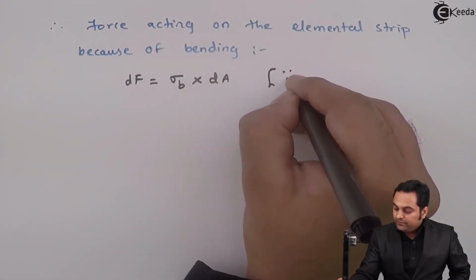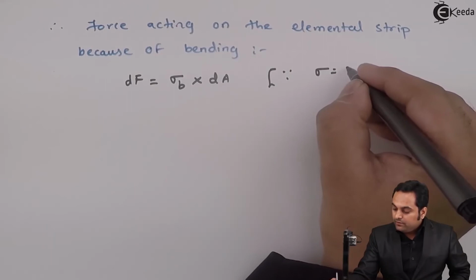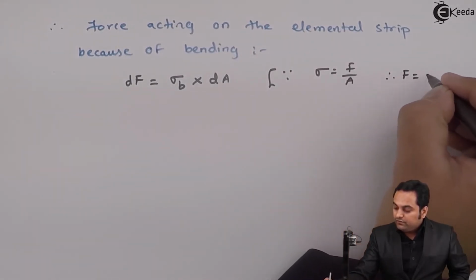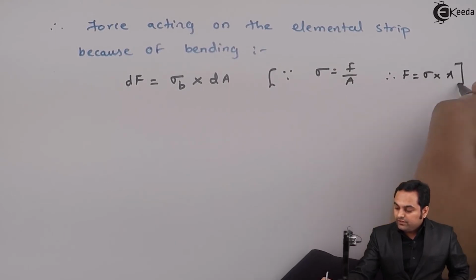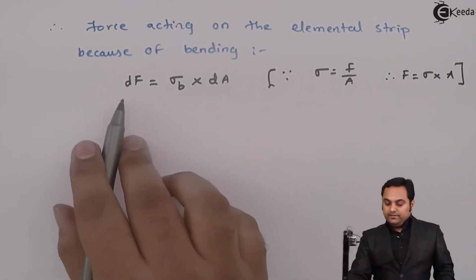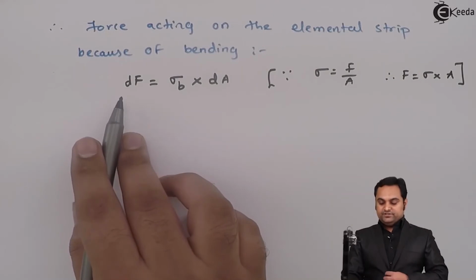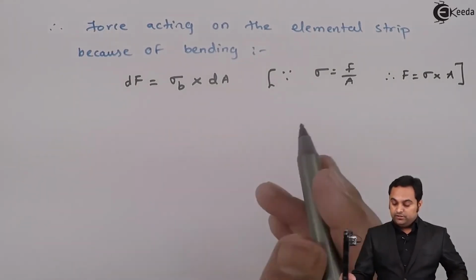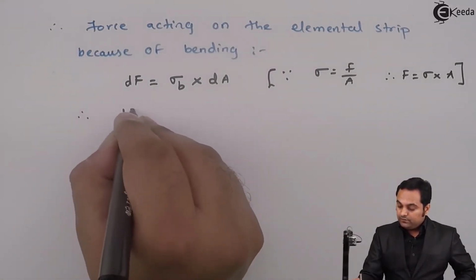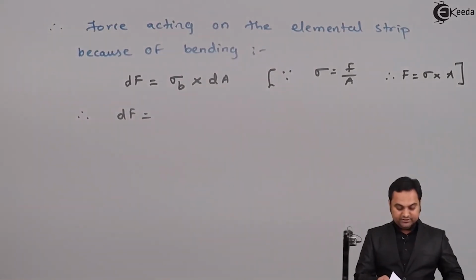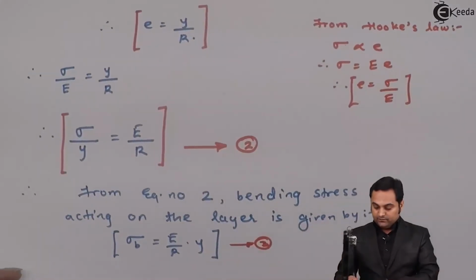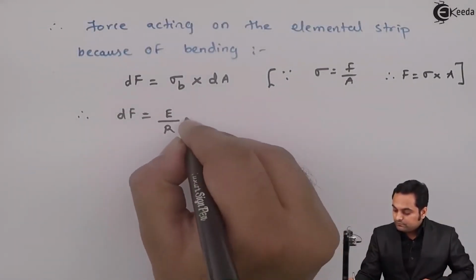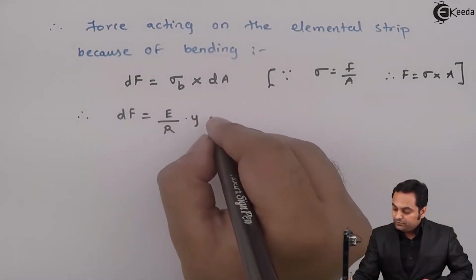Since stress is equal to force upon area, force is equal to stress into area. So the force acting on the elemental strip is small dF and that is equal to bending stress into area. We found the bending stress in equation number 3. It was capital E by R into y into dA.